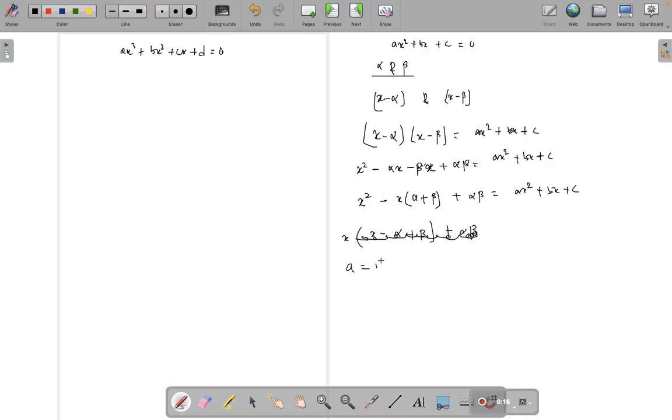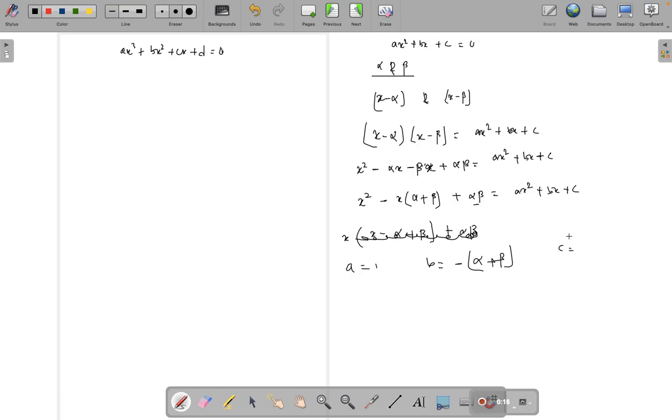And b is minus (alpha plus beta). And c is not beta, but alpha beta, because this is the constant term. Right? c is alpha beta.